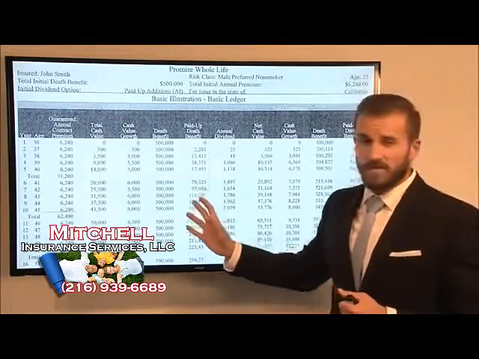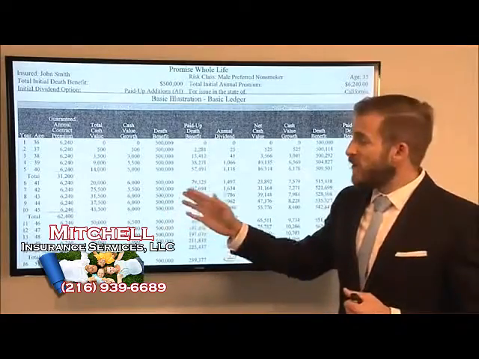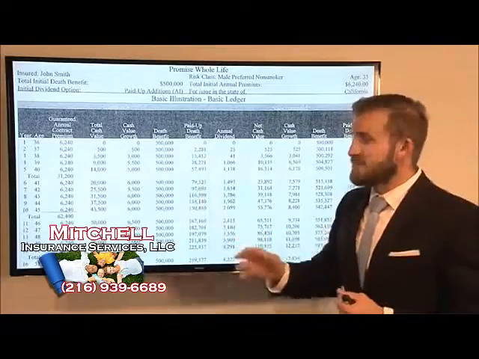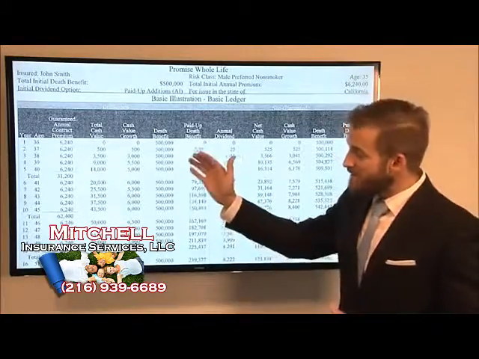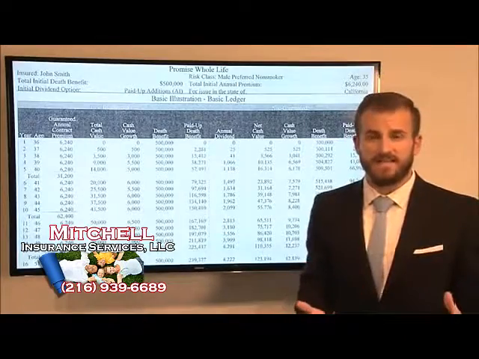So any guaranteed column that you see on an illustration is saying right from the beginning, right when that client signs on the dotted line, company XYZ is not paying a dividend anymore for the rest of this client's life, but also the fees that are charged on the life insurance policy are at the highest possible level that the company can charge. So two things need to happen for the guaranteed column to come true. One, dividend not being paid anymore, and the fees are charged at the highest possible level. And that needs to happen every single year for the rest of the client's life.